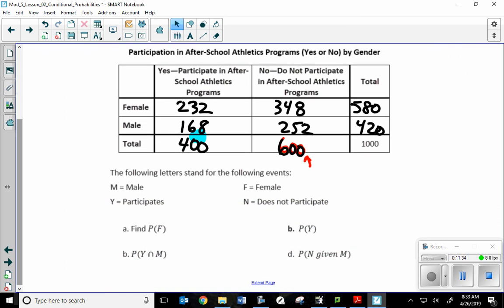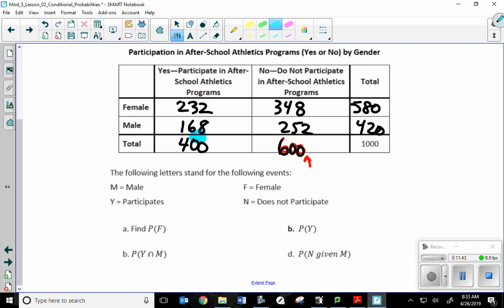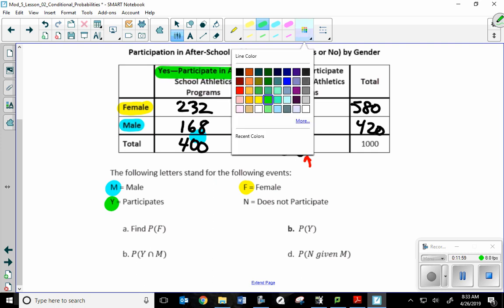Okay? So the following letters stand for the following events. M is male. F is female. And then Y is yes, I participate in after-school sports. And let's go with a lighter orange.